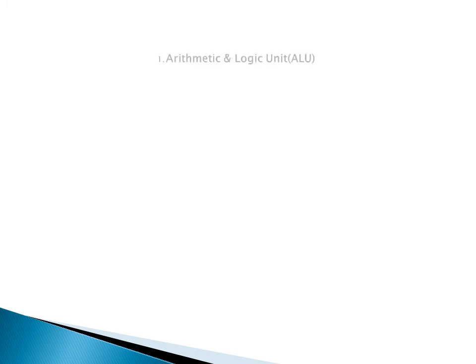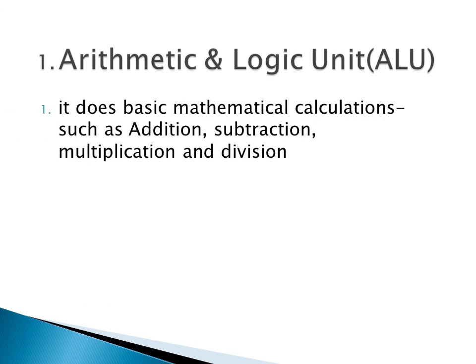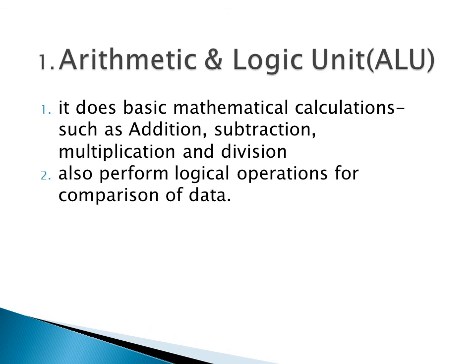First, we need to learn about the arithmetic and logical unit, the ALU. It does mathematical calculations such as addition, subtraction, multiplication, and division. It also performs logical operations for the comparison of data.